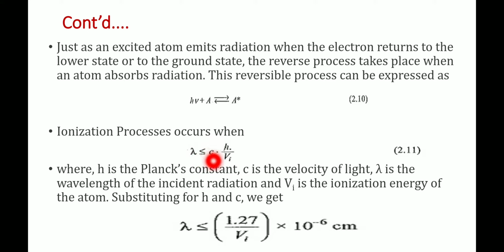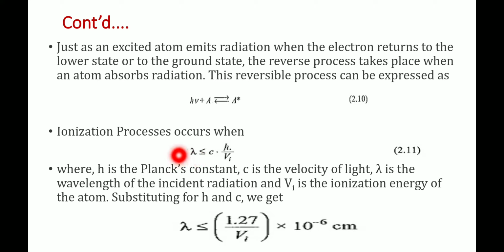What is the value of the velocity of light? That is 3 × 10^8 meter per second. And h is Planck's constant, 6.626 × 10^-34. And Vi is the ionization potential.